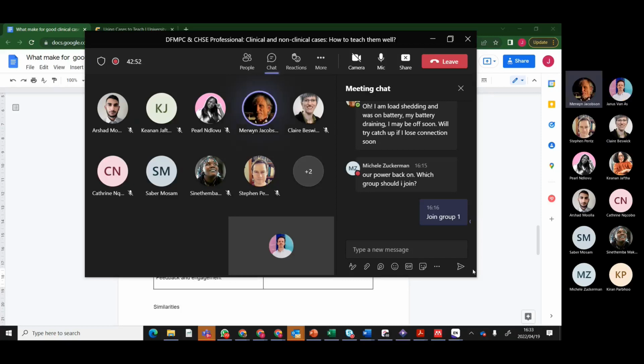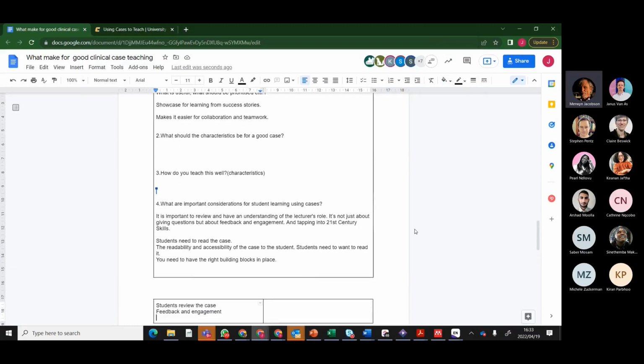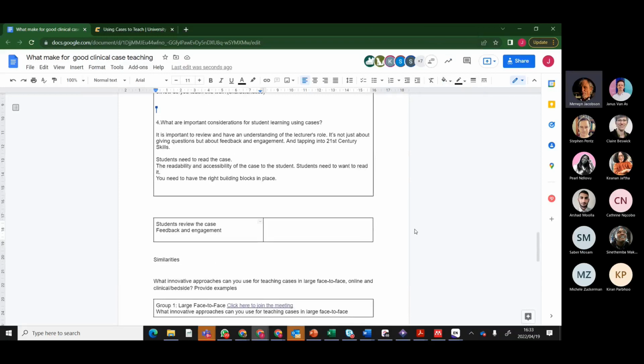I think for us, the most important thing, and Sabir made the point, and it's absolutely critical, is that we're trying to help the students translate their theoretical knowledge into practical application.